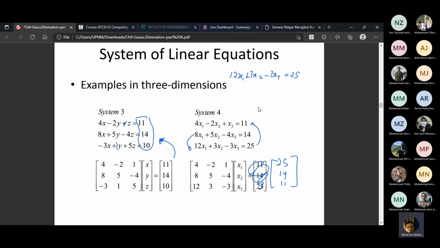Kemudian kita ada 4x1 minus 2x2 plus x3 equal 11. Dan akhir sekali adalah 8x1 plus 5x2 minus 4x3 equal 14.